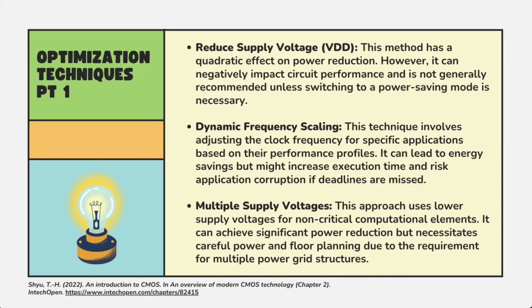Next one is dynamic frequency scaling. This technique includes adjusting the clock frequency for specific applications based on their performance profile. It can lead to energy saving but might increase the execution time and risk application corruption if deadlines are missed.